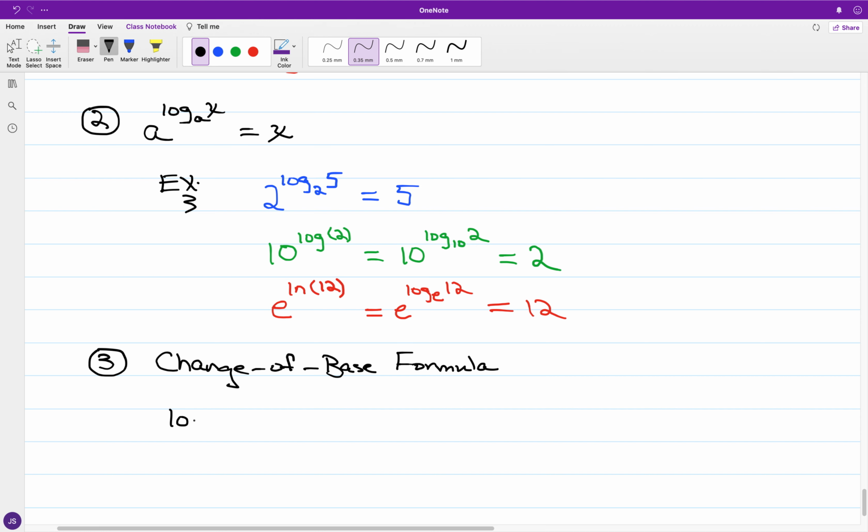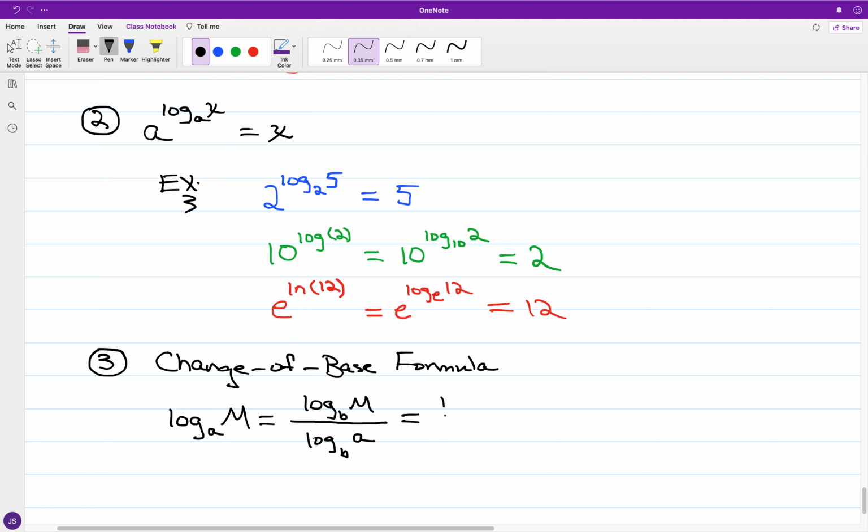For the change of base formula, if you have something like the base a logarithm of m, and the base a is not present, say, in a calculator, you can write this in terms of a logarithmic base that is present. So the base a logarithm of m is equal to the base b logarithm of m all over the base b logarithm of the original logarithmic base, a.